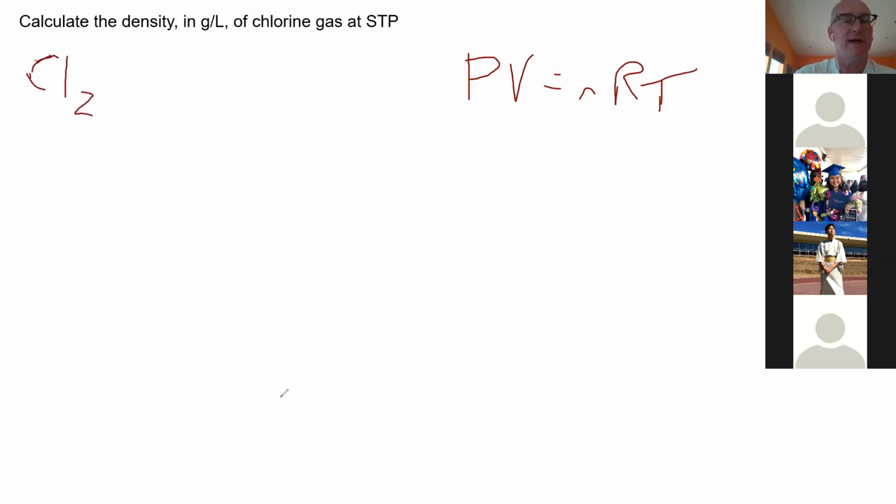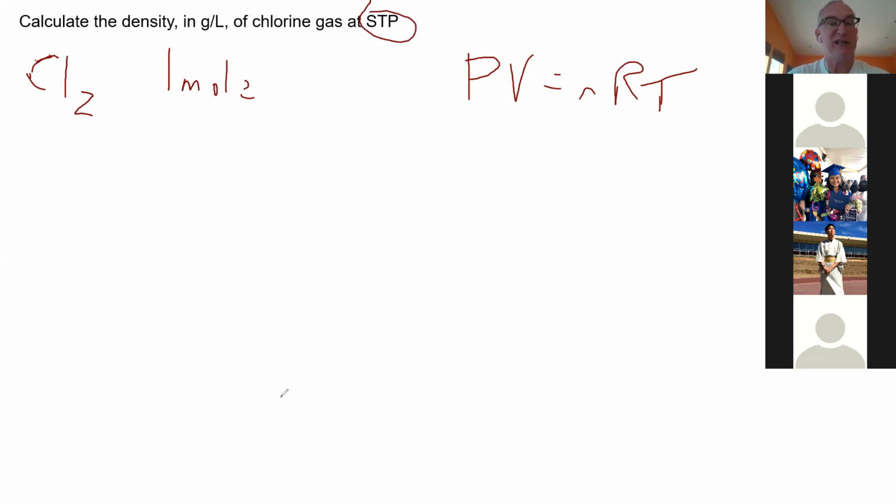So we need grams. Basically what we're going to do here is just assume we've got a mole. If we have 1 mole at standard temperature and pressure, how many liters is that?